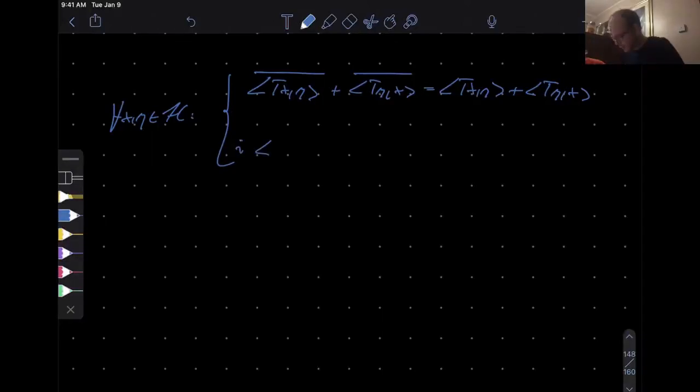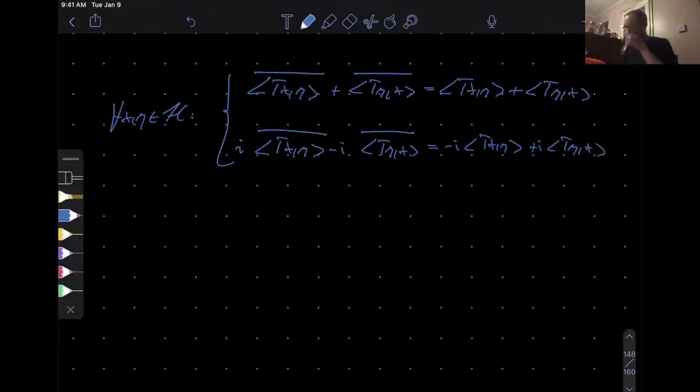So here will be i times the conjugate of t(x,y), with the bar only over the inner product, not the i, and then here similarly t(y,x), and then minus i t(x,y) plus i t(y,x). Okay, so now you have these two equations.